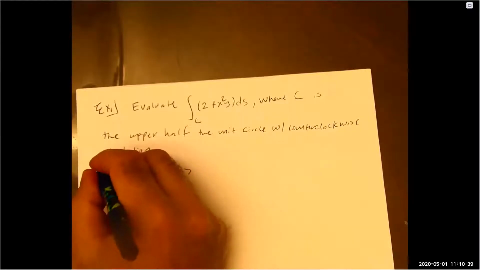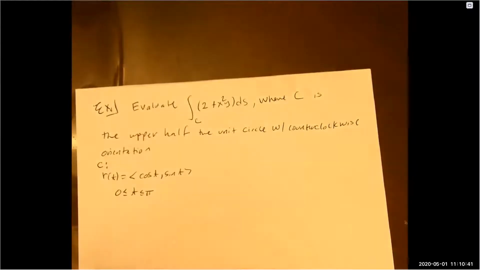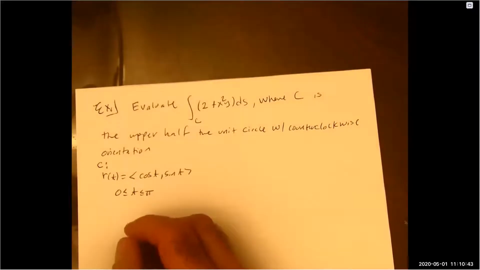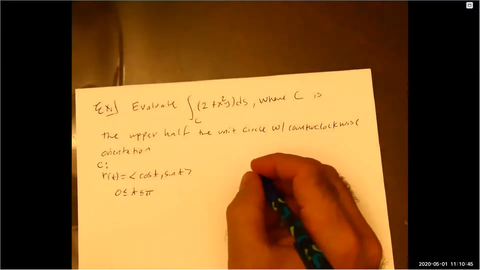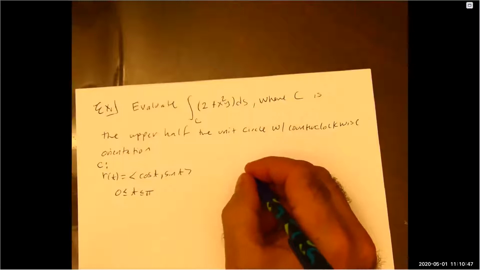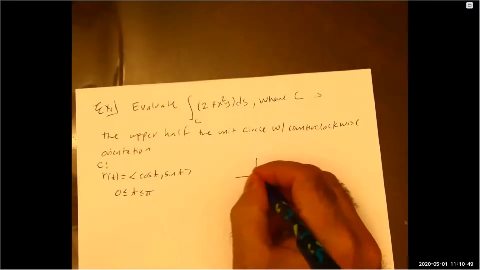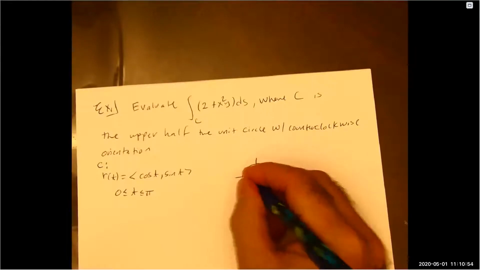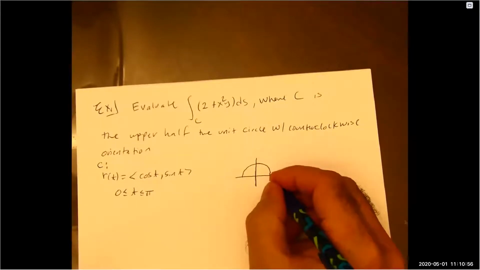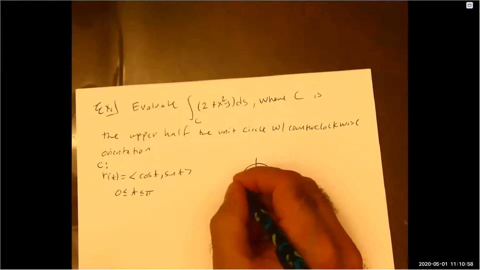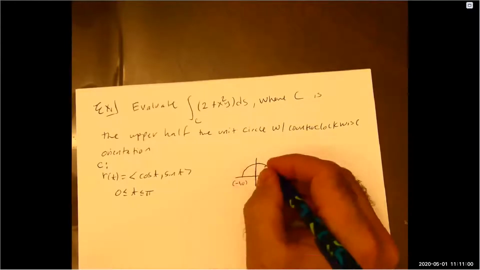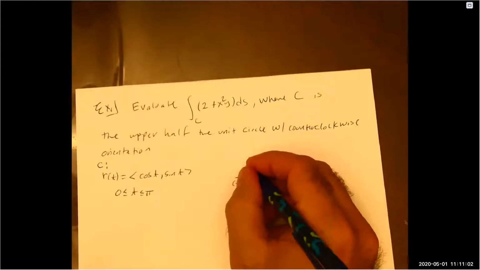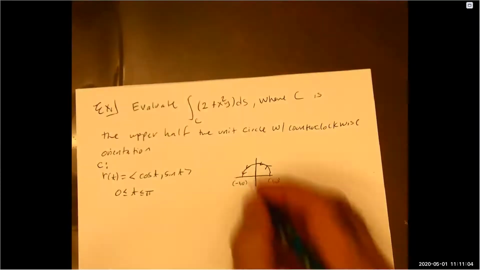So this is your curve C. If we look at what the curve looks like, here this would be 1, 0, and this is minus 1, 0. And then we're going along here like this. This is your C.